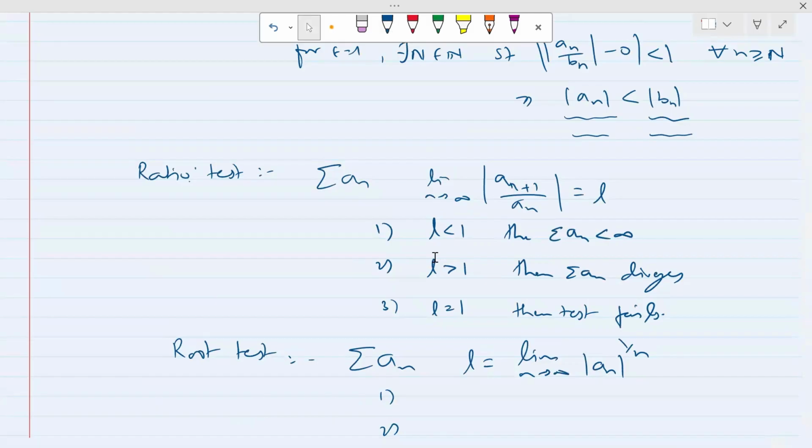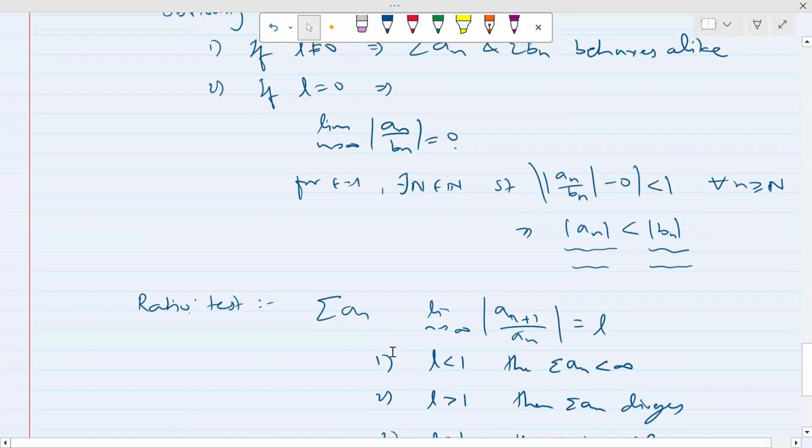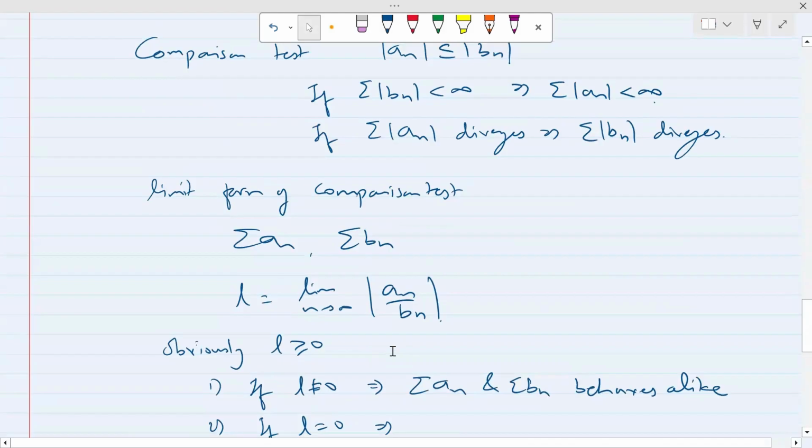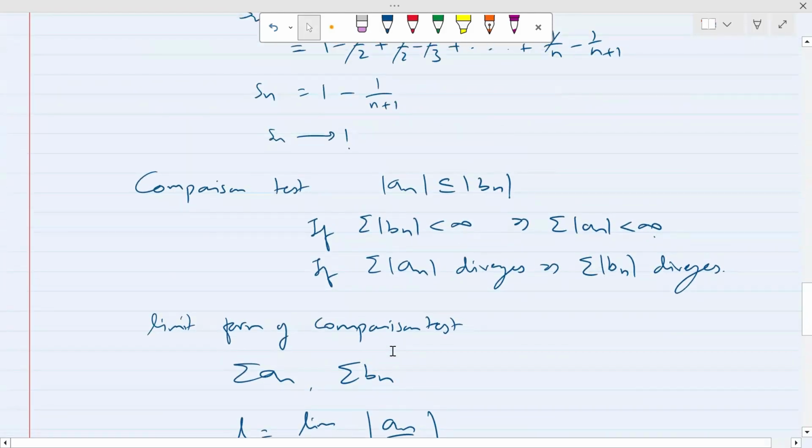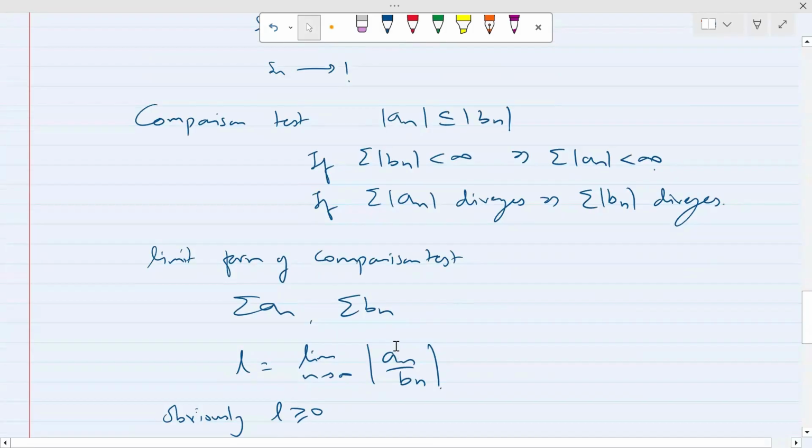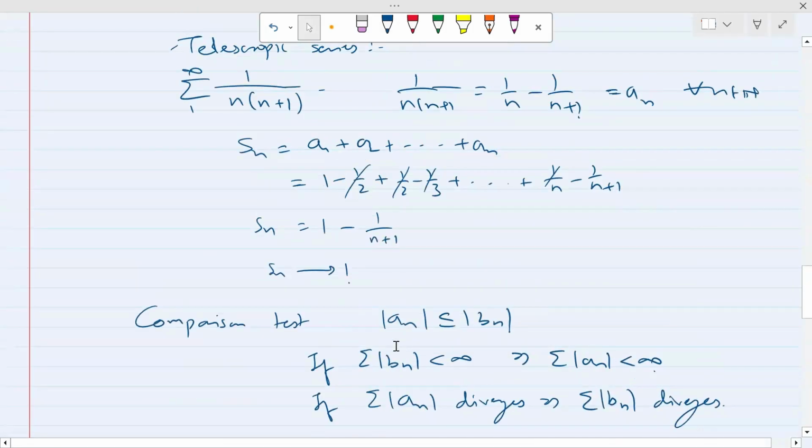When we solve several problems, we develop some instinct for a given infinite series, which kind of test will work. Most of the time, the ratio test and root test work, but sometimes it's easy to use the comparison test, maybe the limit form of the comparison test, and so on.